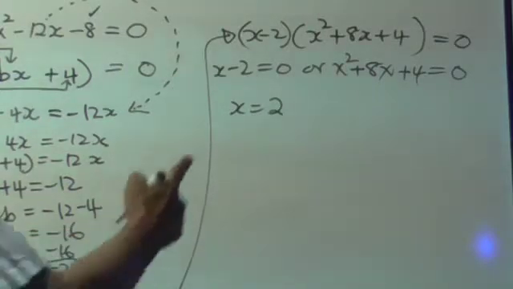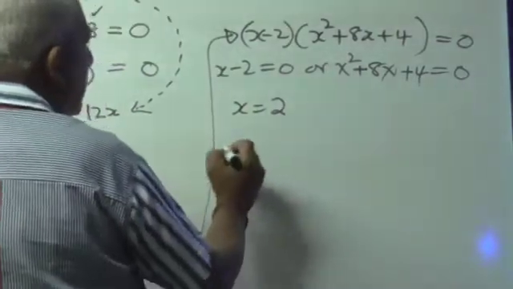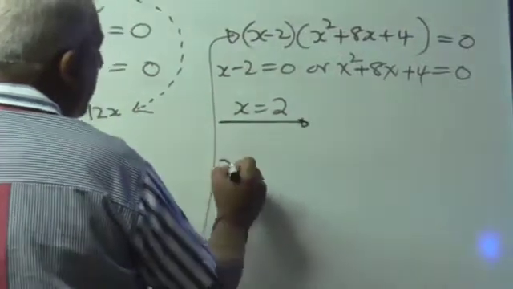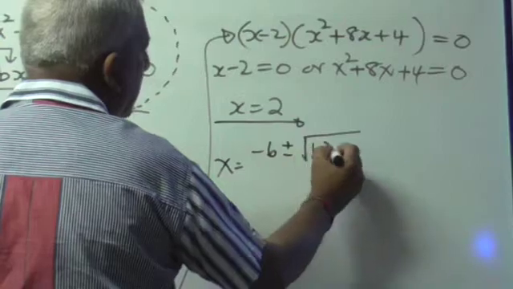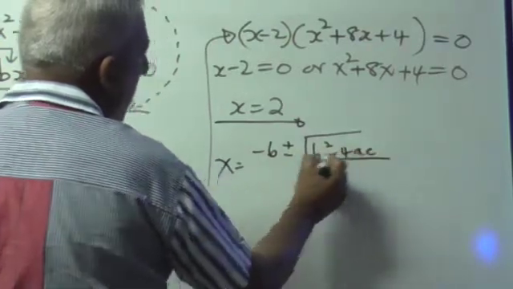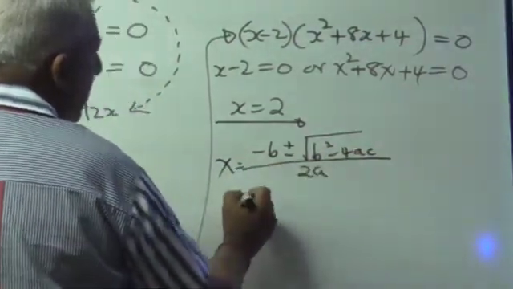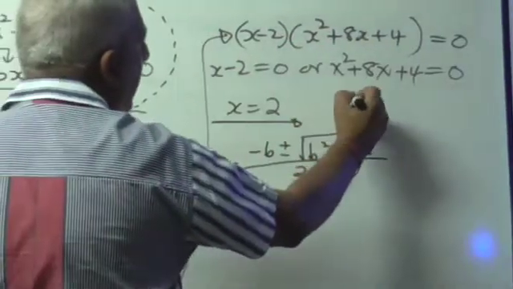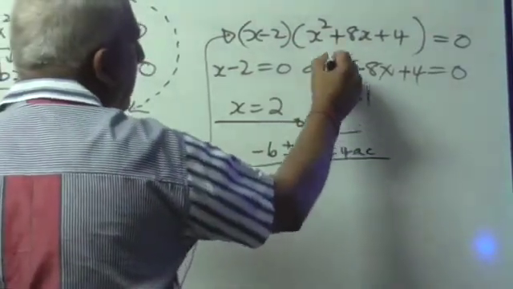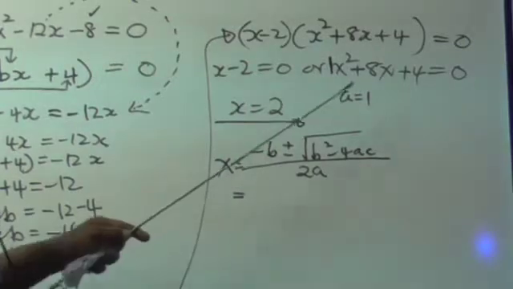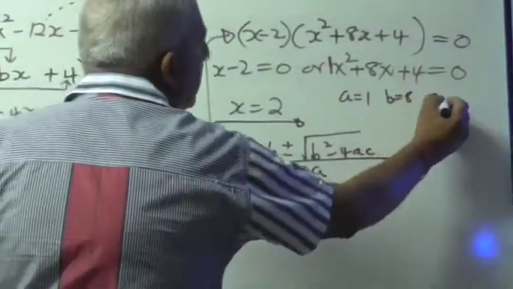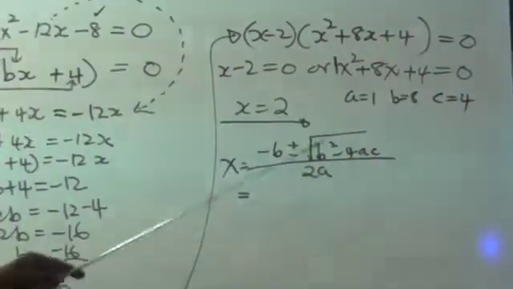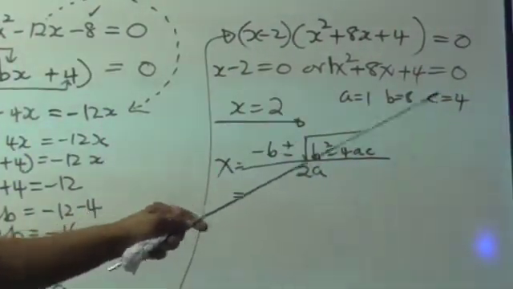If you use the formula on this, then I'm just going to do it here. Then x is equal to minus b plus or minus the square root of b squared minus 4ac all over 2a. Now, what is a? A is 1, this one here. What is b? B is 8. What is c? C is 4. So a is 1, b is 8, c is 4.